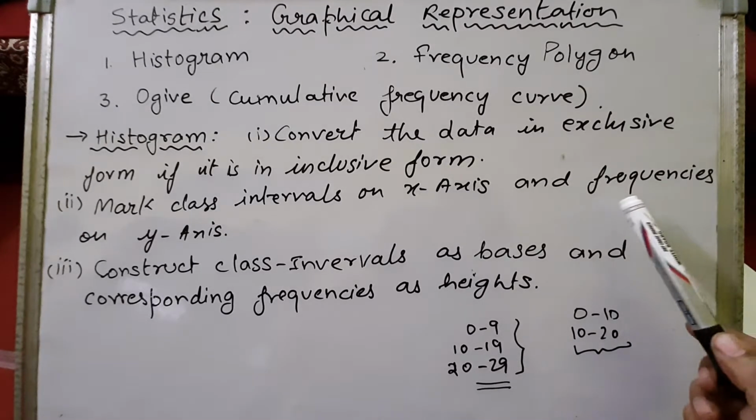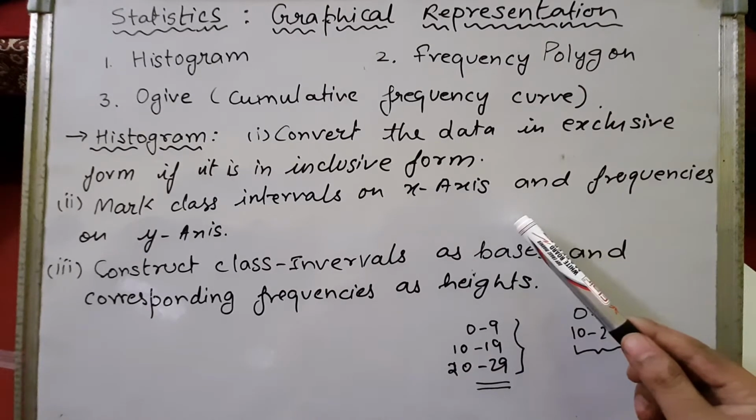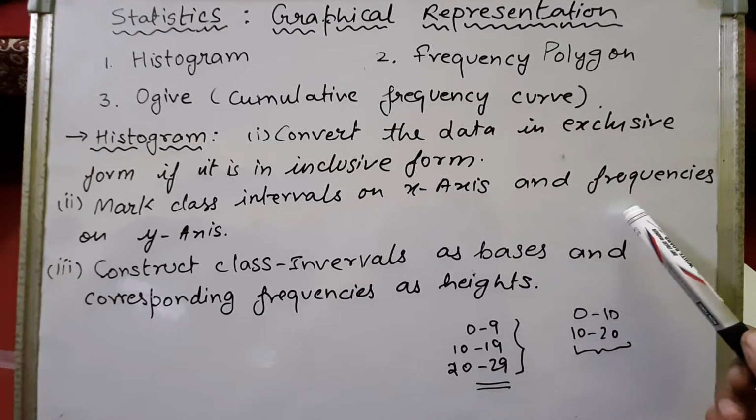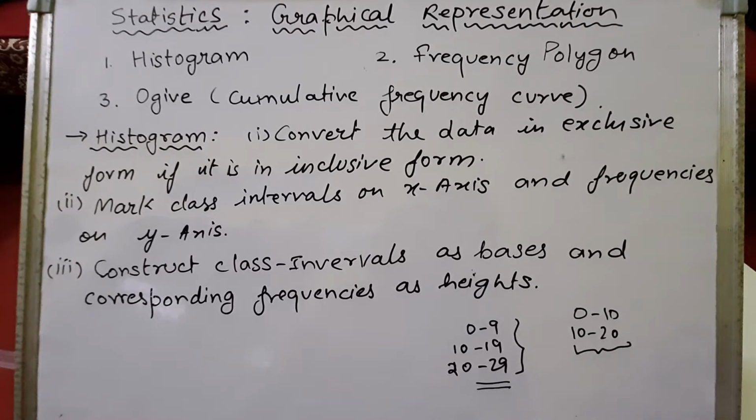So along the x-axis we will be representing the class intervals, and along the y-axis we will be representing the frequencies, right? And when we have drawn the x-axis class interval, then y-axis frequencies, we are going to represent those class intervals with respect to frequencies. That means we will start drawing the rectangles, right?